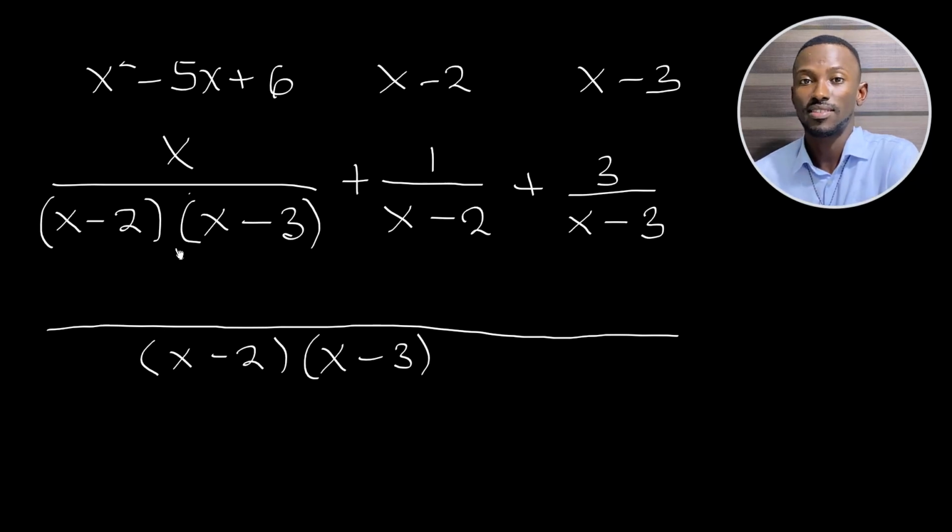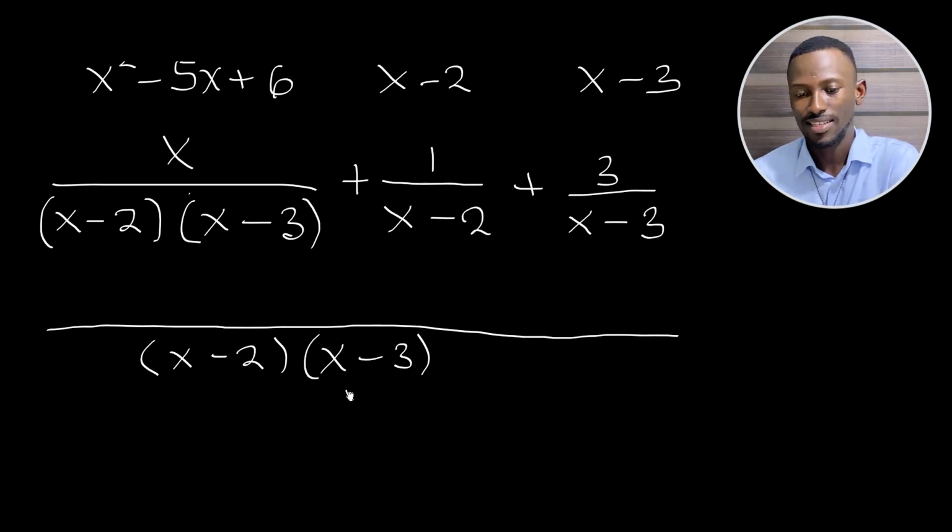The reason this is the LCM of these whole denominators is, if you look at the second fraction, that is 1 divided by x minus 2, this denominator x minus 2 is found here. And this denominator x minus 3 is also found here. So it's as though the denominator x minus 2, x minus 3 is a combination of the next two denominators.